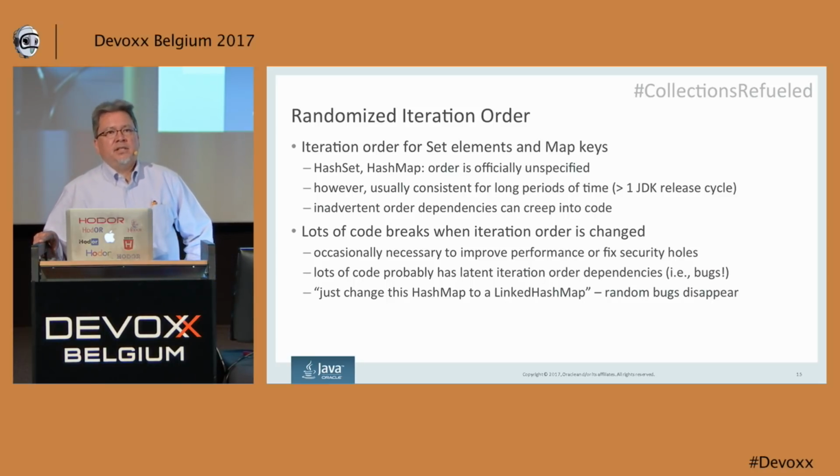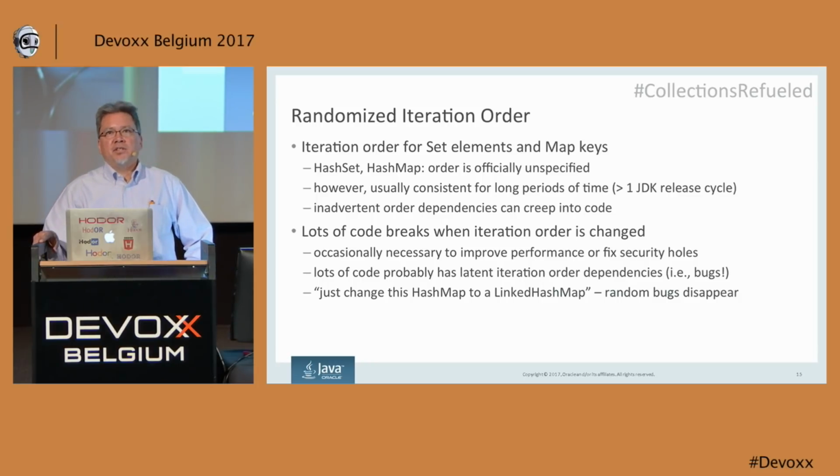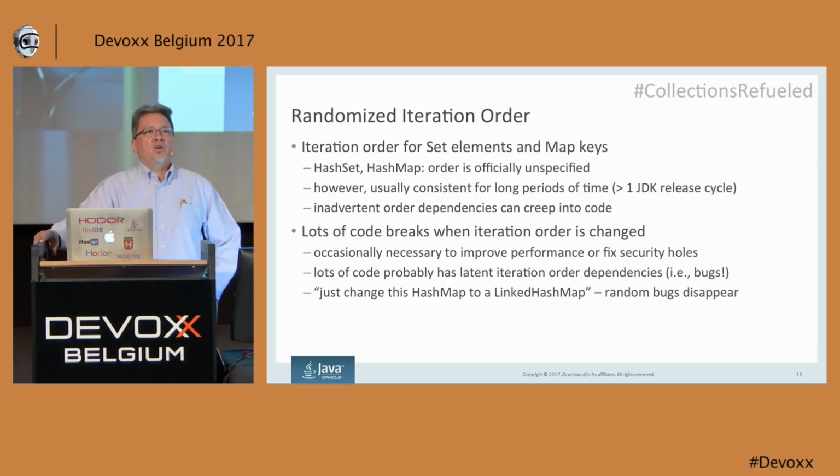And occasionally, we have reasons to change the internal structure of something like hash map, either for optimization or to improve the security of the system. And that changes the iteration order. And what happens is that a bunch of code breaks.